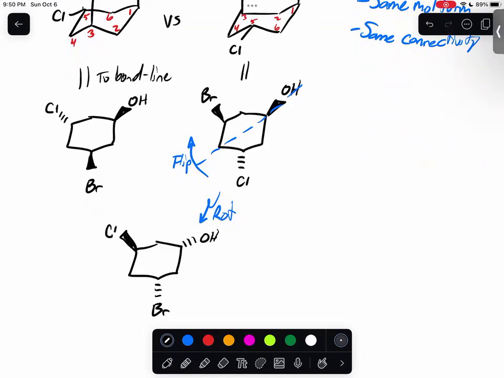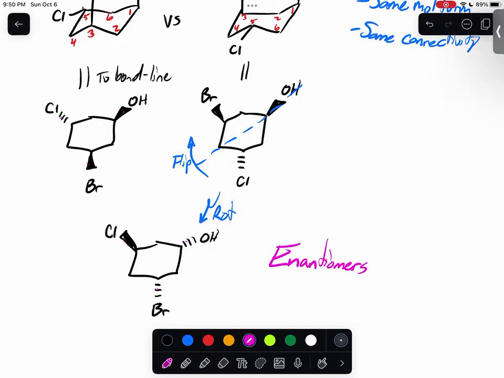We see in this case that these stereocenters have all changed. As a matter of fact, these are enantiomers, because the wedge for the OH became a dash, the dash for the Cl became a wedge, and the wedge for the bromine became a dash.